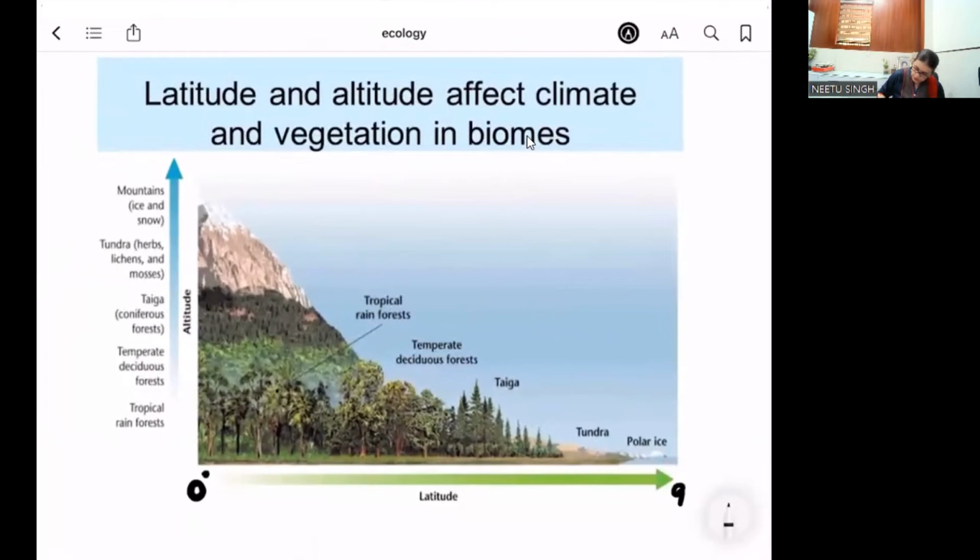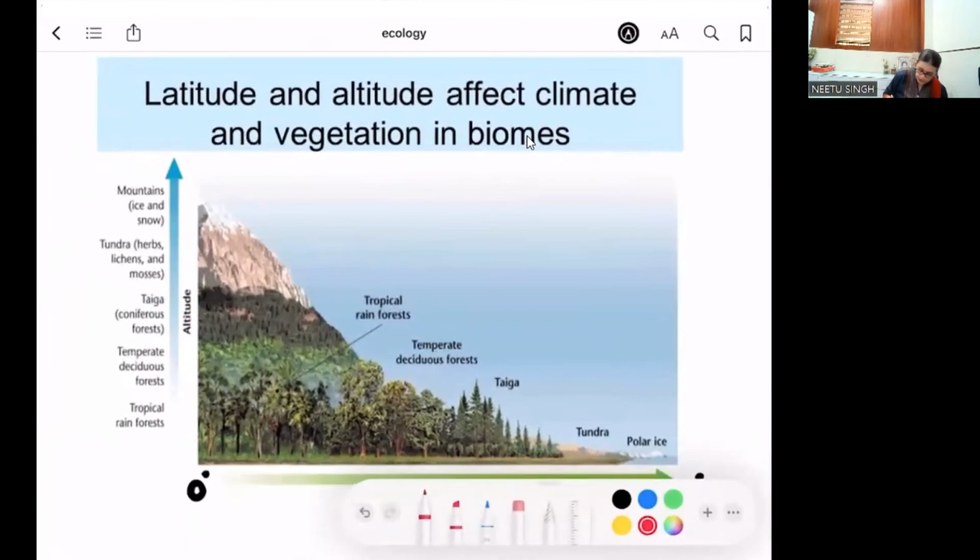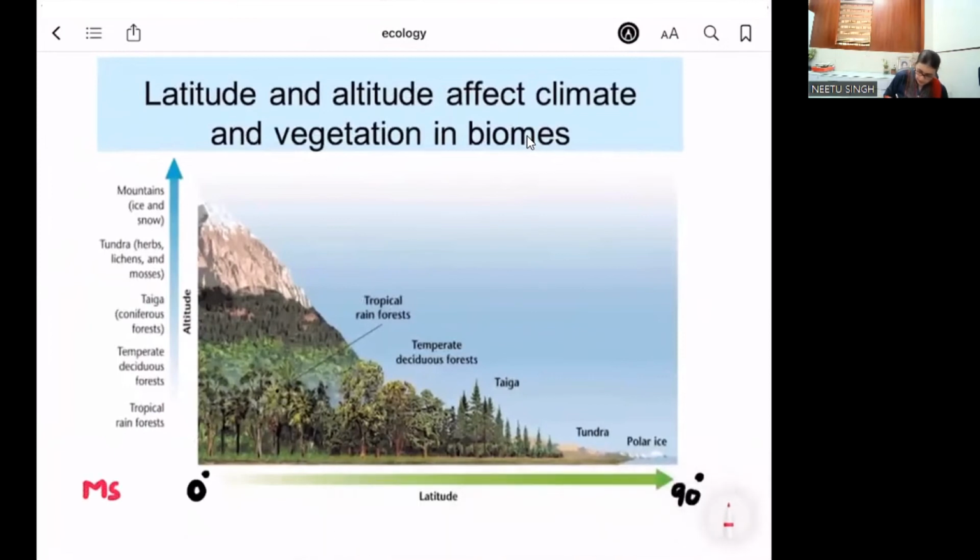Equator to 90 degrees, I'm increasing latitude here, right? And I purposefully change the color and write mean sea level. I'm increasing height.